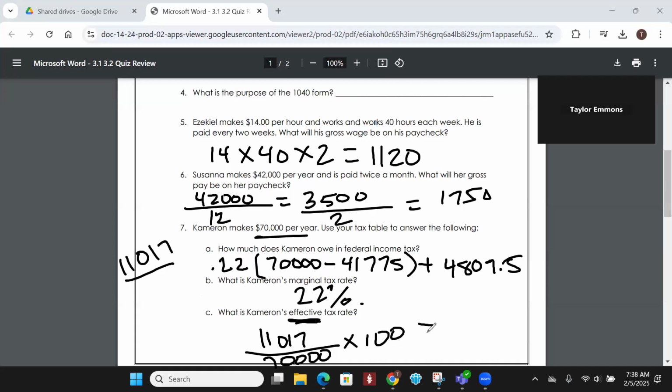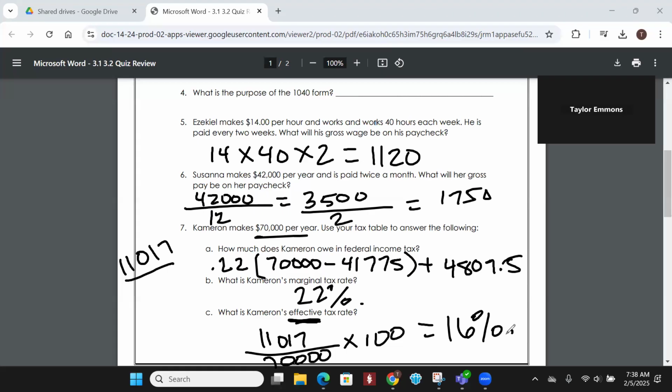And then multiply it by 100. So how much is that? How much? 0.68. So 16%. Yeah.